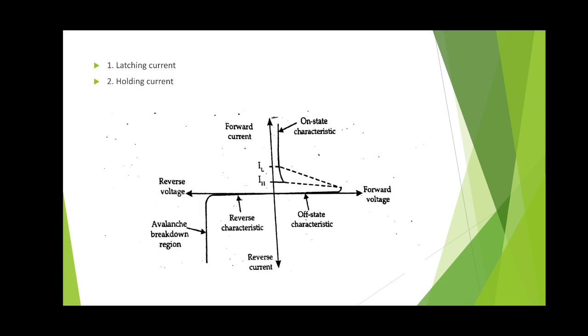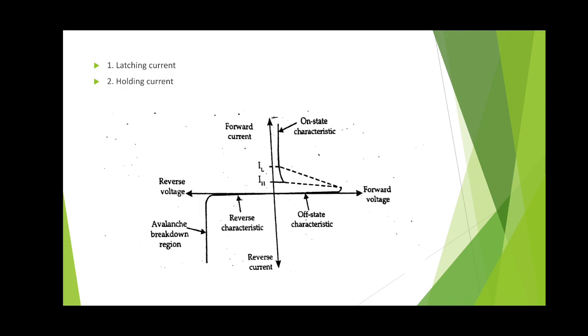The next important definition asked in the question paper is the holding current. So holding current is the minimum forward current that flows through the thyristor to keep it in forward conduction mode. So when forward current reduces below holding current, the thyristor turns off.